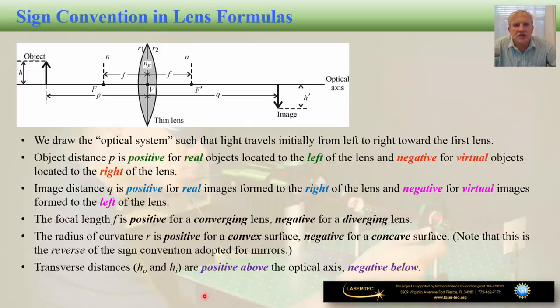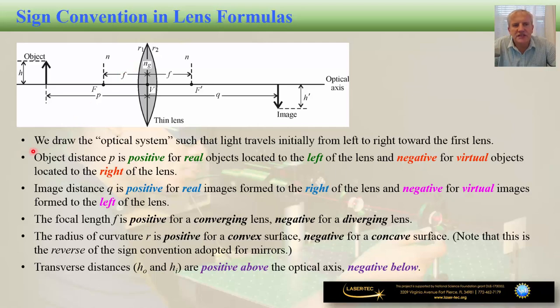So here are a few sign convention rules that have to be implemented while the lens is being analyzed using an analytical approach using the lens formula. Number one, we draw the optical system such that the light travels initially from the left to the right towards the lens. So the object has to be on the left side and light is traveling from the left to the right, similar to the rule we established for the mirror.